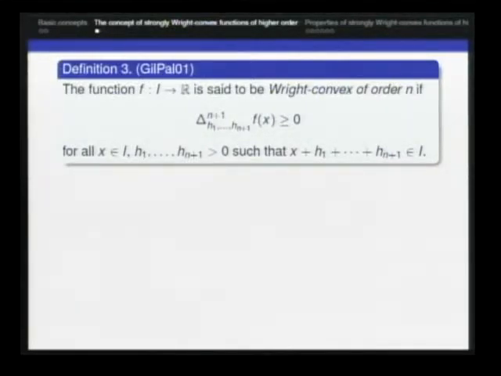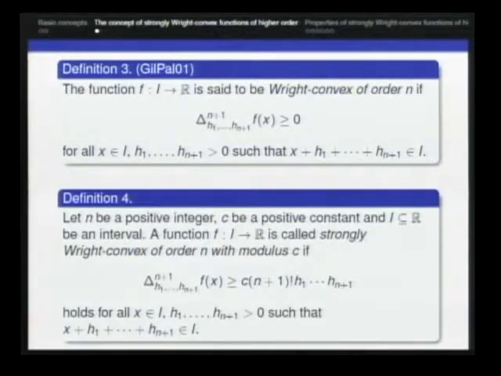Such a real valued function defined on interval I is said to be Wright-convex of order n if it satisfies this inequality again with the delta operator. Now the step sizes are different, so h1 and so on hn plus 1. Assume that it is greater than or equal to 0, and you can guess what will be the definition, what will be instead of 0 on the right-hand side here.